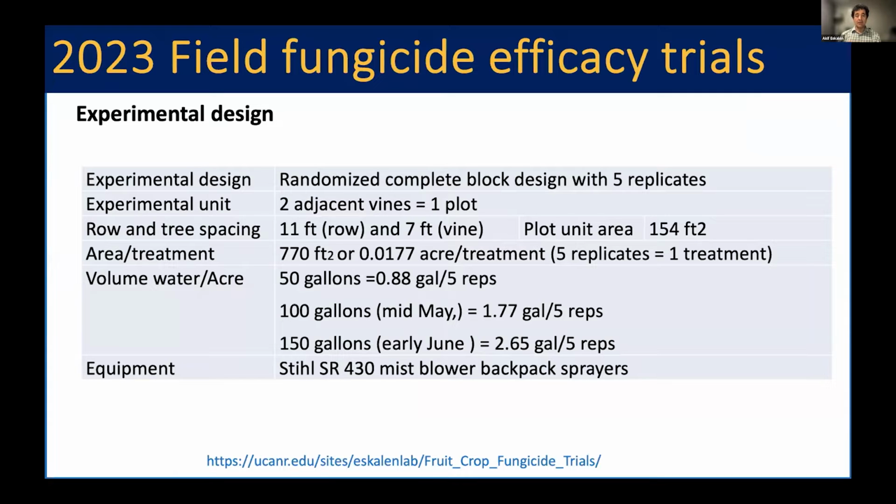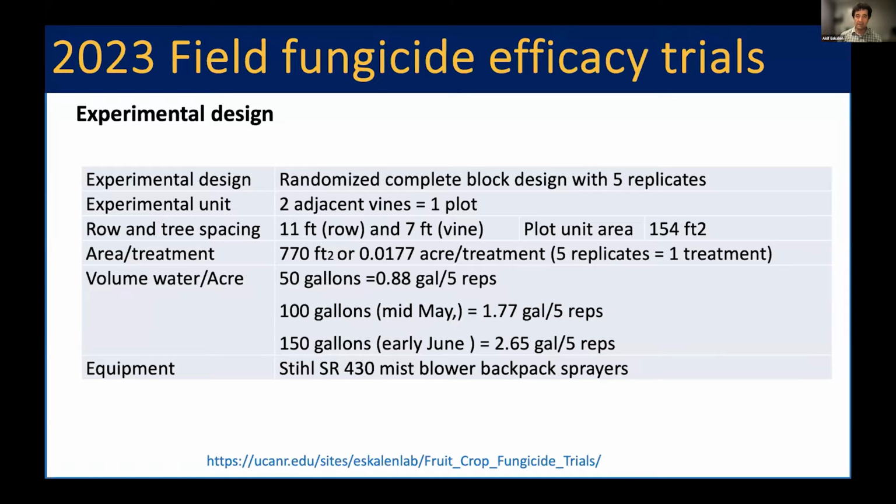Early in the season, we use 50 gallons per acre, and later on, we increase the amount to 100 and finally get to 150 gallons per acre. We still use a 430 mist blower, which is also known as the sprayer that could mimic your air blast.